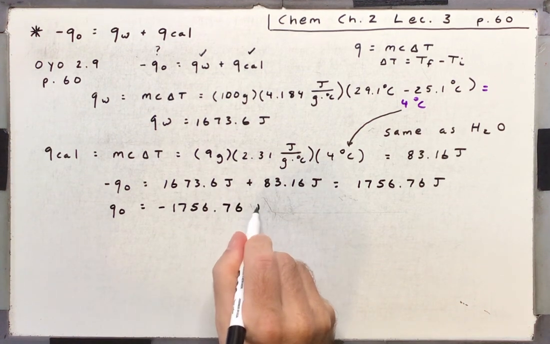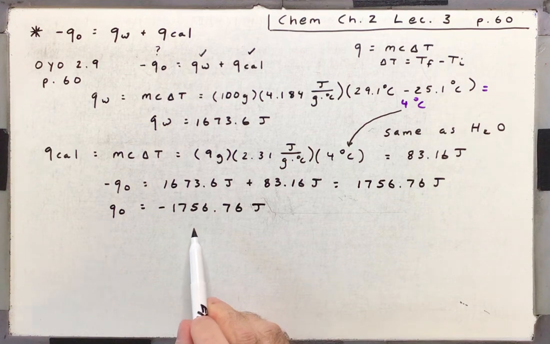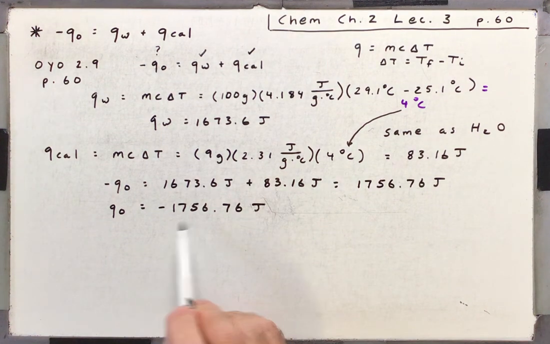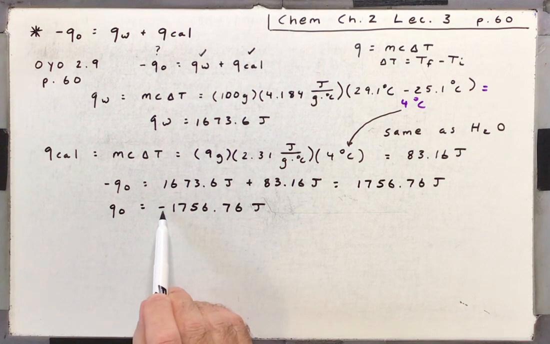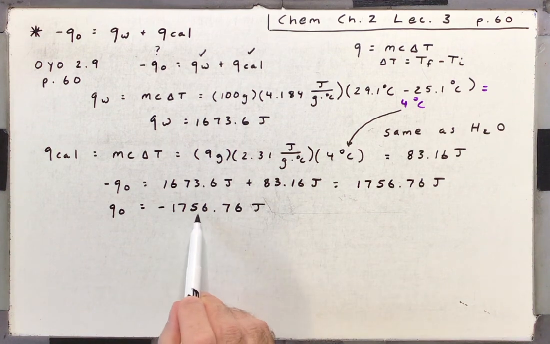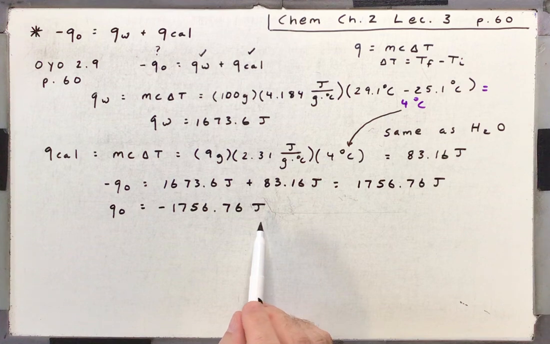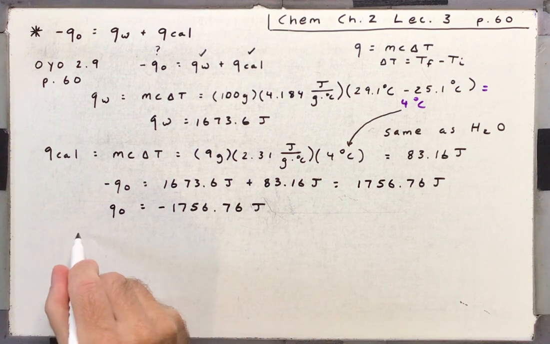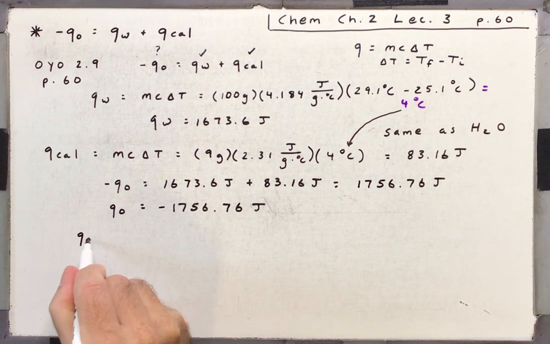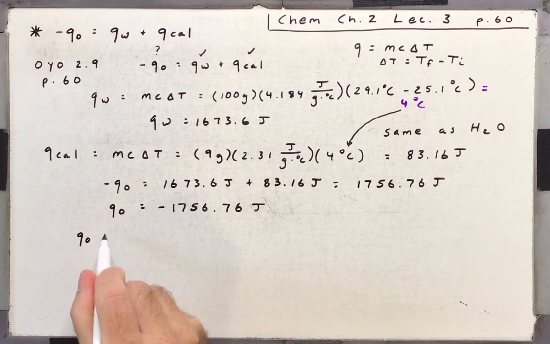That just means the object, when it cooled off, when it splashed into that water, lost 1756.76 joules of heat.